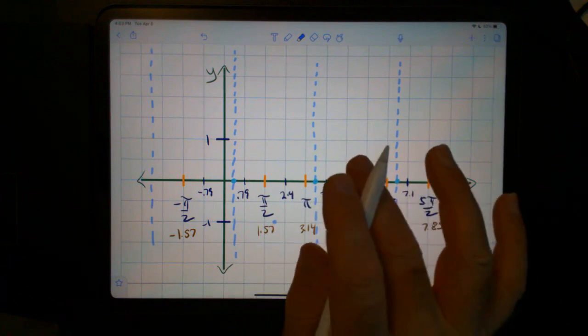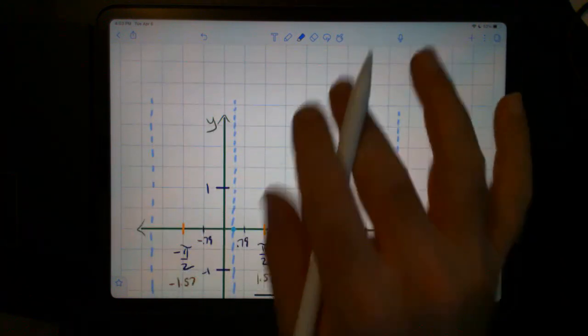Let's see what happens there. Plug in at pi over 2. So pi over 2 plus 1.